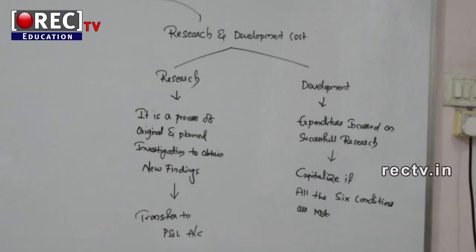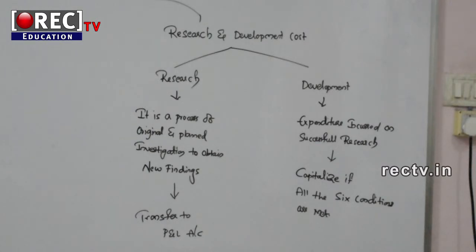But there is a condition for capitalizing it in the balance sheet: capitalize only if all 6 conditions are met. There is no single condition or 2 conditions; there are 6 conditions. They should be satisfied cumulatively, then you can capitalize development cost in the balance sheet.